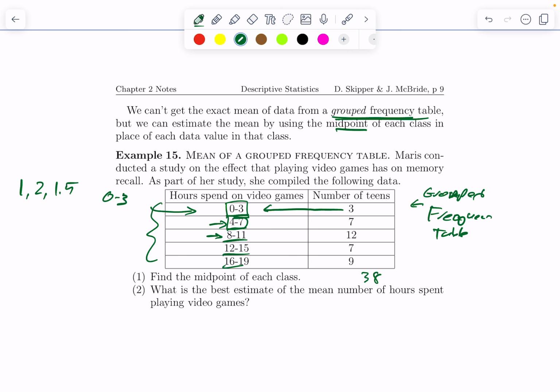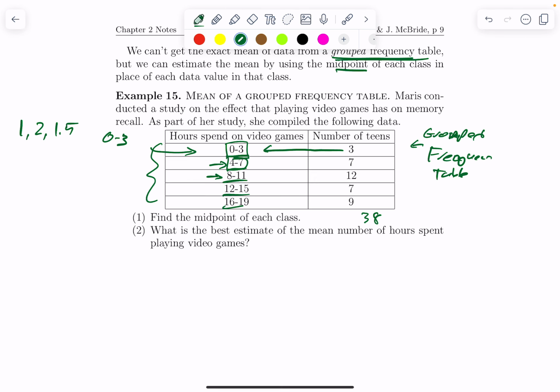And so what we'll do is find the midpoint for each one of those bins, and use that midpoint to approximate every data point in that bin. The midpoint for 0 to 3 is 1.5. For 4 to 7, the midpoint is 5.5, right? I add those together, I get 11, half of that.